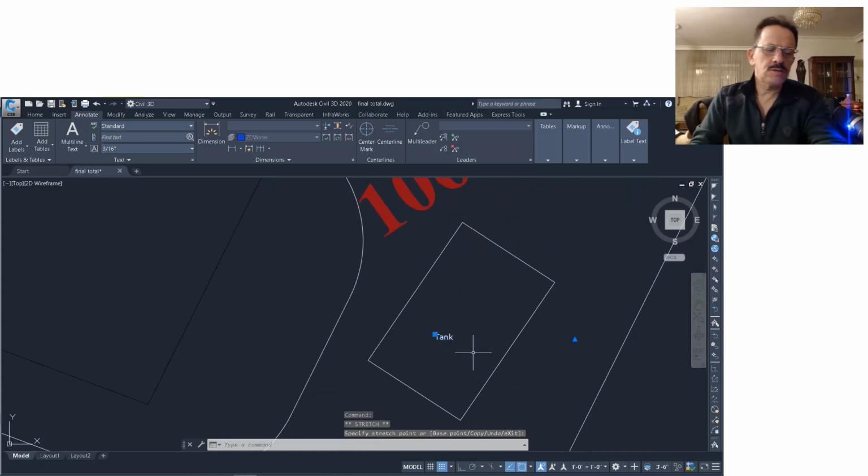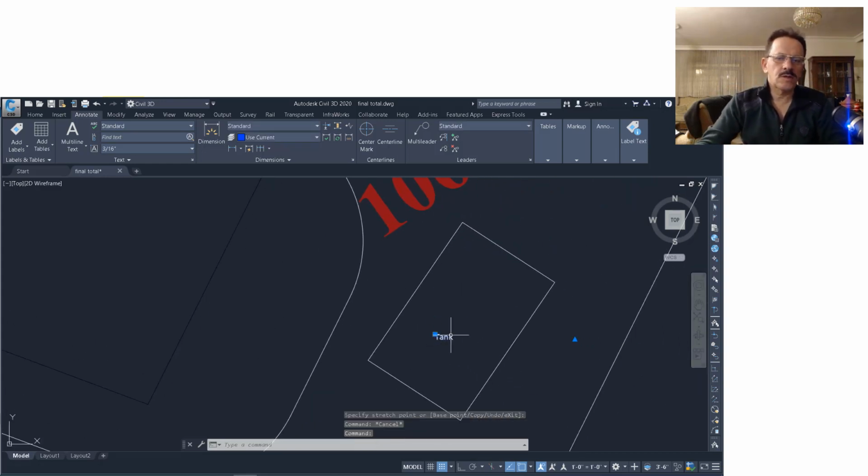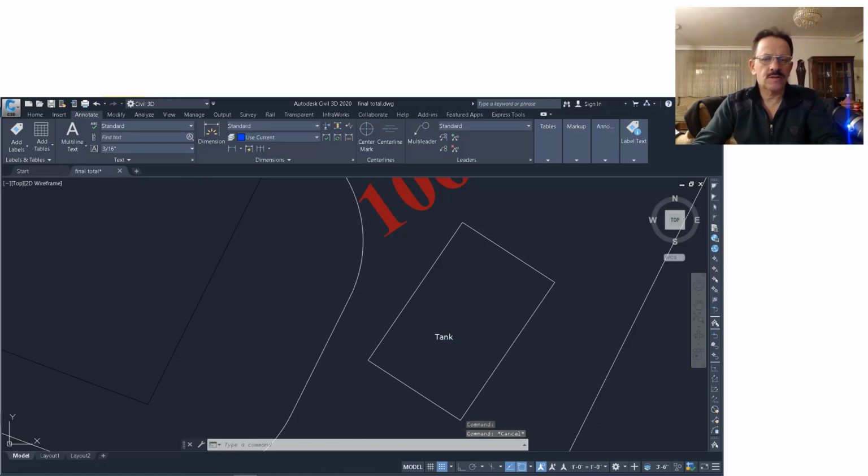Okay, this is just to be aware that I'm not going to do anything with the tank. I just want to have this tank, and the next step is to draw a pipe from this tank.